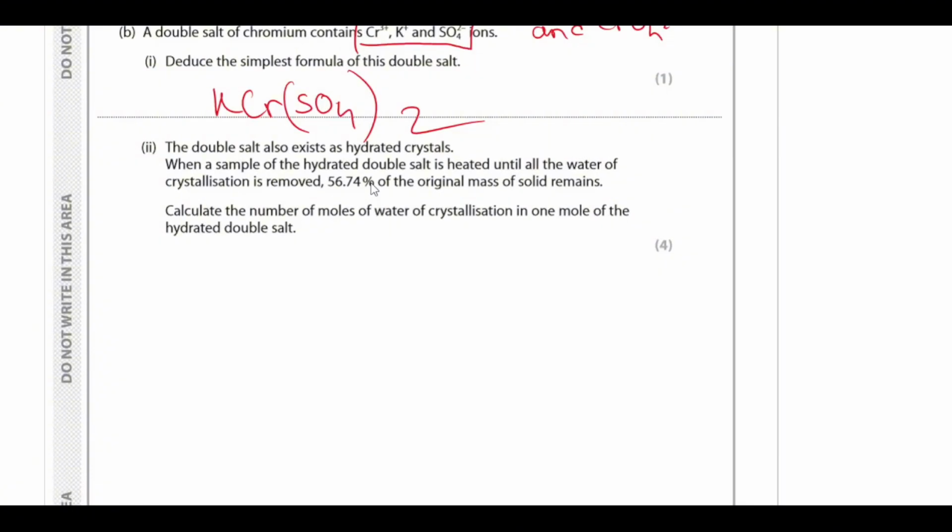Alright, so let us first calculate the molar mass of the double salt, which we have written here. It's pretty simple, right? The molar mass of KCr(SO4)2 would be, we know this is 39.1 for potassium. For chromium it's 52.